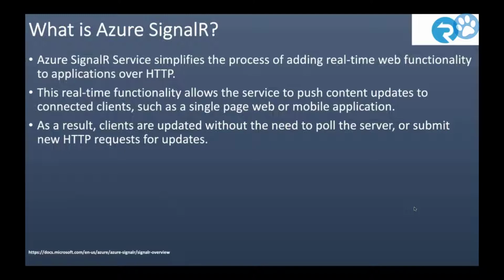Technically, this is the real-time functionality. It is used to allow the service to push updated content to the client. Whatever content is on the server, those updates will be pushed to the client.